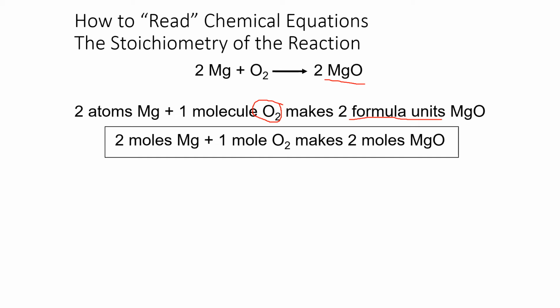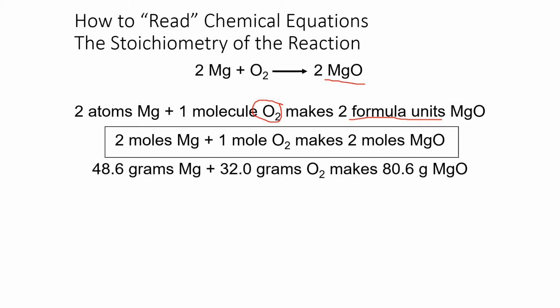We can also read this as 2 moles of magnesium plus 1 mole of O2 makes 2 moles of MgO. This relates to the law of conservation of mass. So 2 moles of magnesium is equivalent to 46 grams of magnesium. 1 mole of O2 is equivalent to 32 grams of O2.